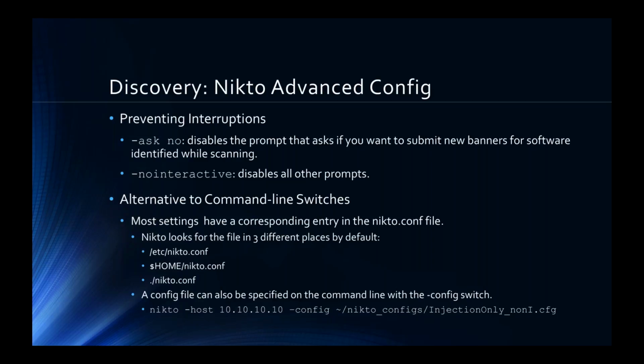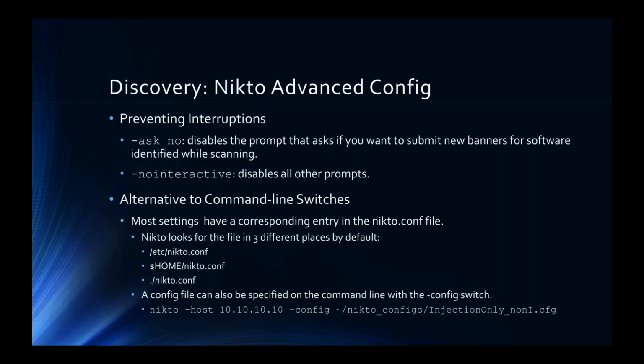Nikto also has the capability to be configured, instead of through command line switches, through a configuration file. By default, Nikto will look for the configuration file in 3 different locations. It'll look in /etc/nikto.conf. It'll look in $HOME/nikto.conf.